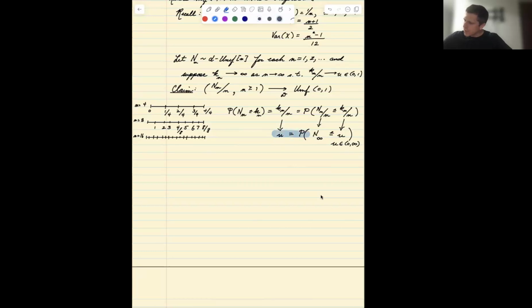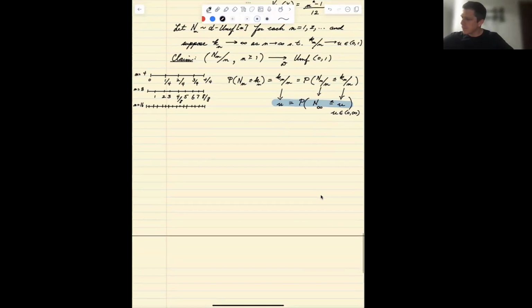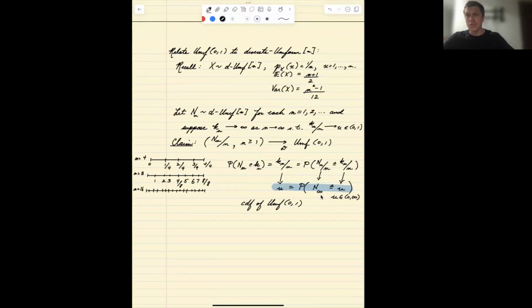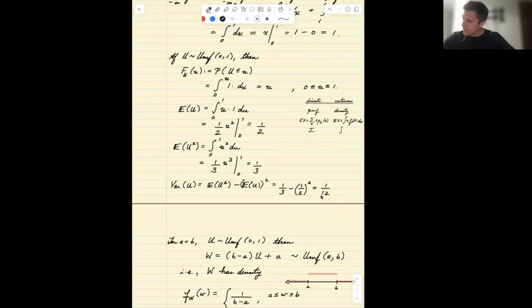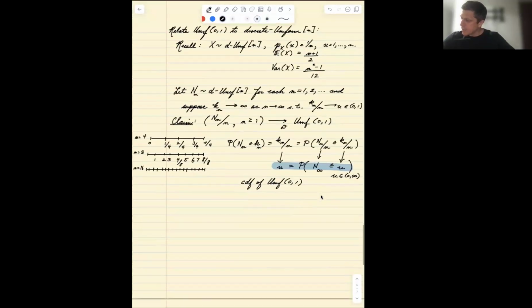This is the distribution function, is exactly the distribution function of the uniform 0, 1. And so that's what that means, that the distribution functions of the finite distributions, the discrete uniforms, converge to the distribution function of the limiting random variable. So remember here we have it. This was the CDF, the cumulative distribution function for uniform 0, 1, and that's exactly what we calculated here.